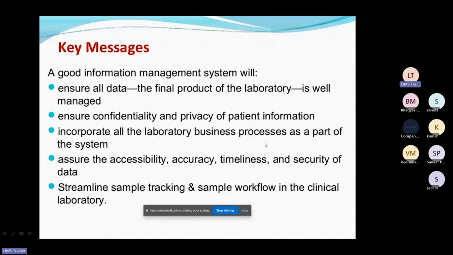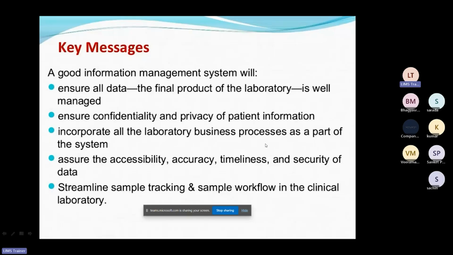Then the accuracy of the results and reports. Then the timelines. The LIMS software itself gives timelines to particular activities, like calibration activities and maintenance activities. Then all other requirements in the industry will be highlighted. Also there is stability management, where the timelines are very important.